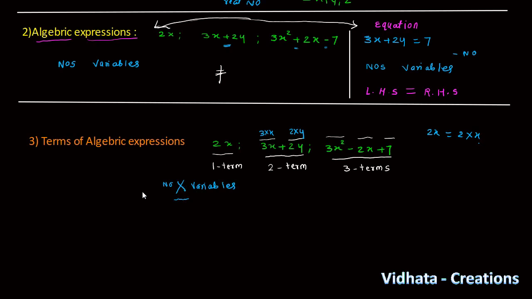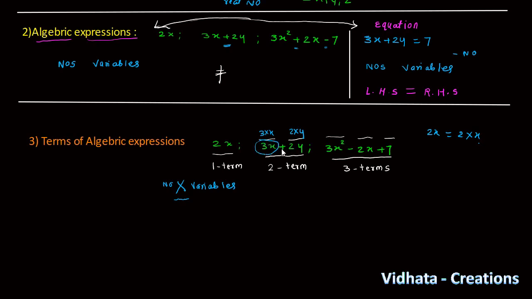To call it a term, the relation between number and given variables must be only multiplication. Here you see, in between 2 and x there is a relation of multiplication. In between 3 and x, here in the second example, the relation of multiplication is there. And this relation is over at the plus sign. So up to this we are going to call it as one term.